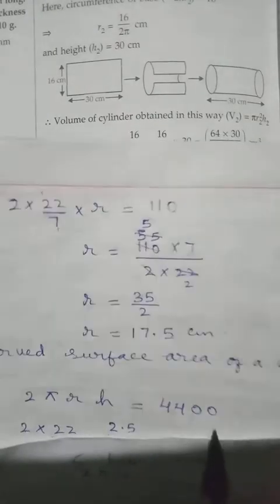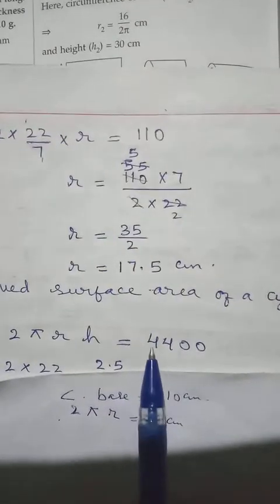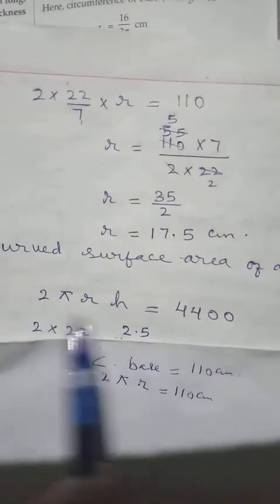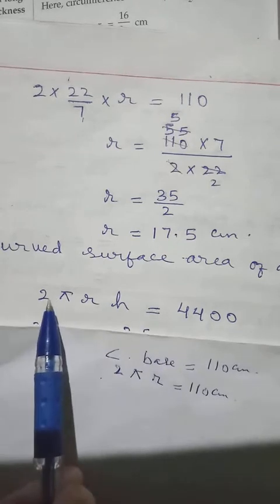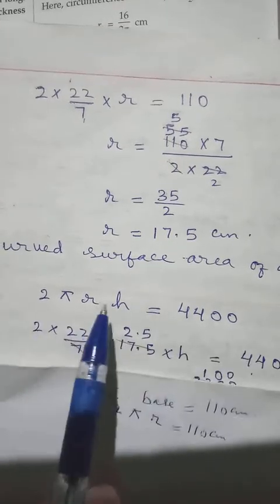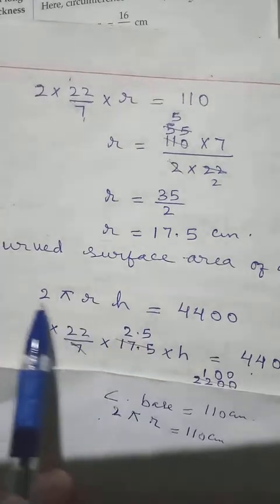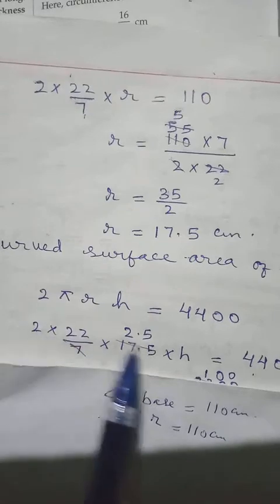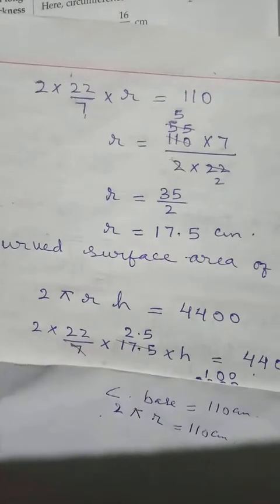Curved surface of cylinder is given to be 4400 centimeters square. We know the formula for curved surface area, it is 2 pi r h. Then if you observe from here, 2 pi r we already have from there, okay? You can replace 110 or no problem, you can replace one by one. It's up to you.